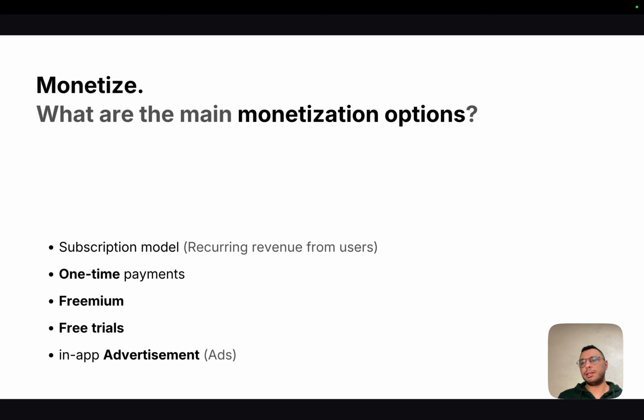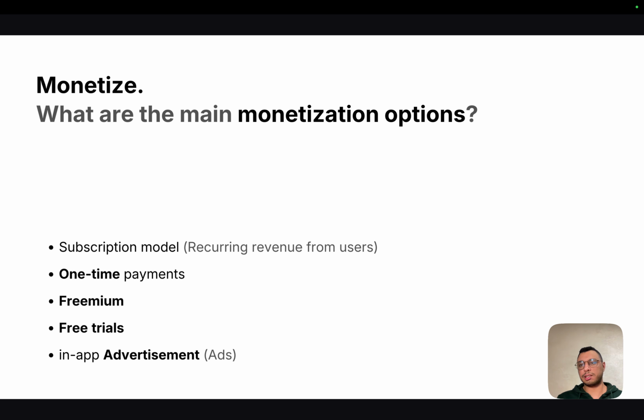So the main monetization models or options we can adopt for an iOS app: there is the famous subscription model, which is a recurring revenue model from users, either weekly, monthly, yearly, or other periods. There are also one-time payments. There is the freemium model, where we offer some free features or functionalities, and other features behind the paywall.